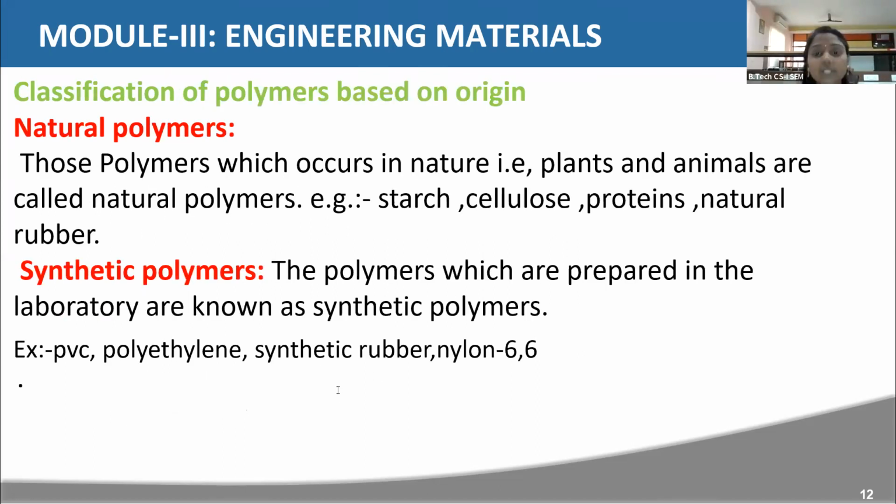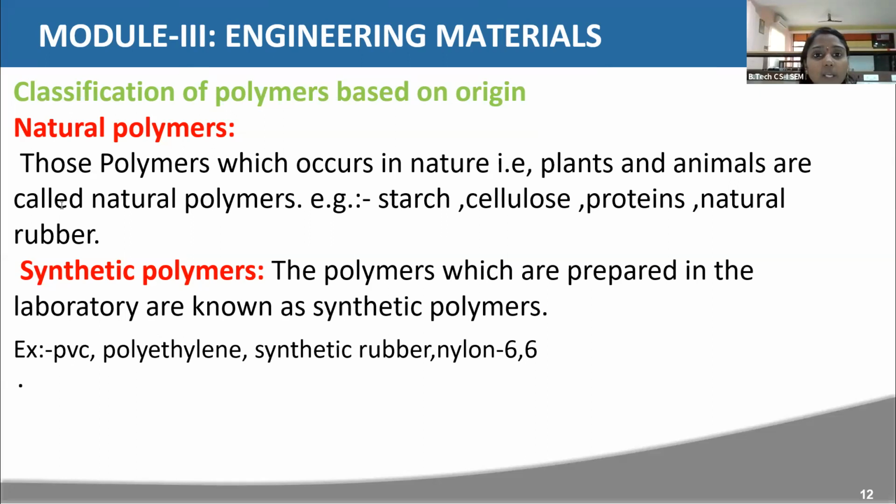Classification of polymers based on origin. Polymers obtained from nature, that is plants and animals, are called natural polymers. Examples: starch, cellulose, proteins, natural rubber. Polymers are divided into two types based on origin: natural polymers and synthetic polymers.